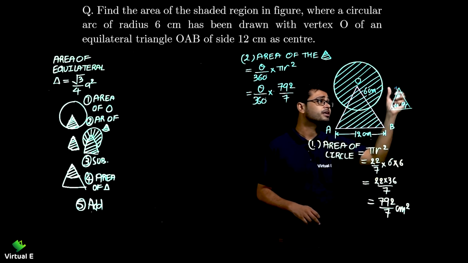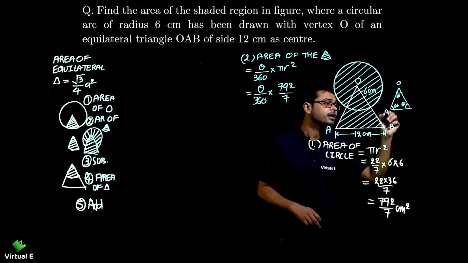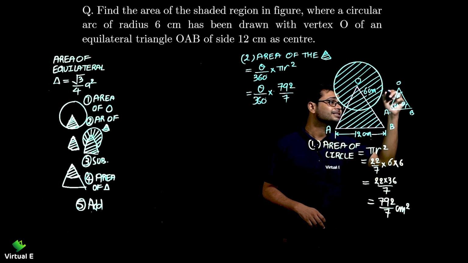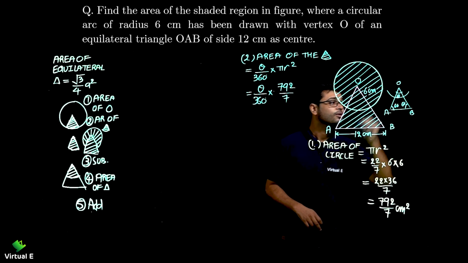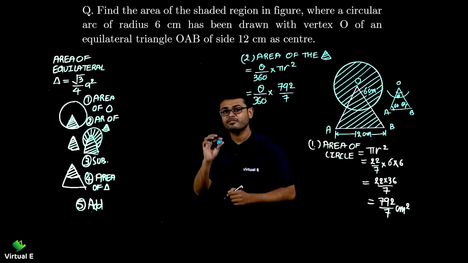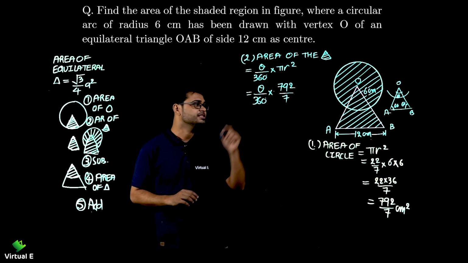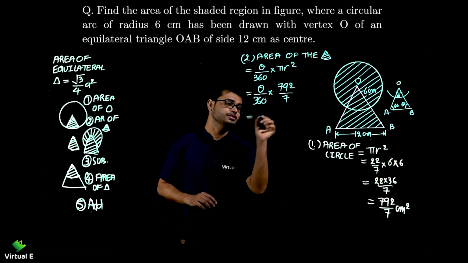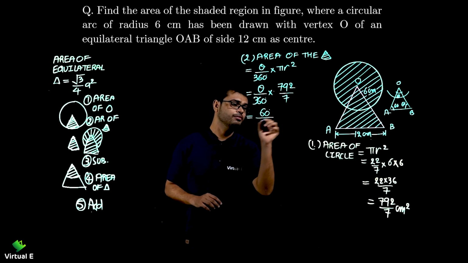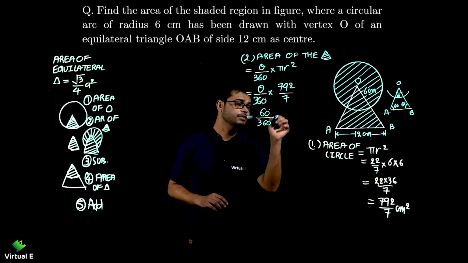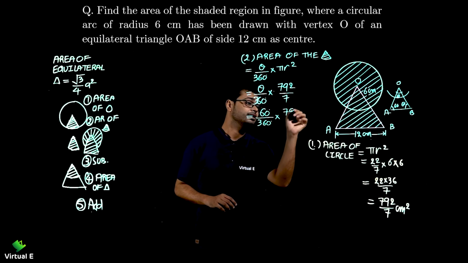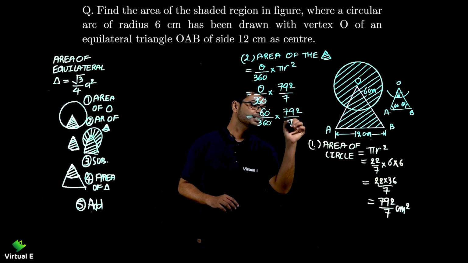So you can see over here that O is here, A here and B, and that's a part of the circle, see? So what will be the angle for this sector? That is 60 degree. So let's write 60 degree over 360 degree multiplied by 792 divided by 7.